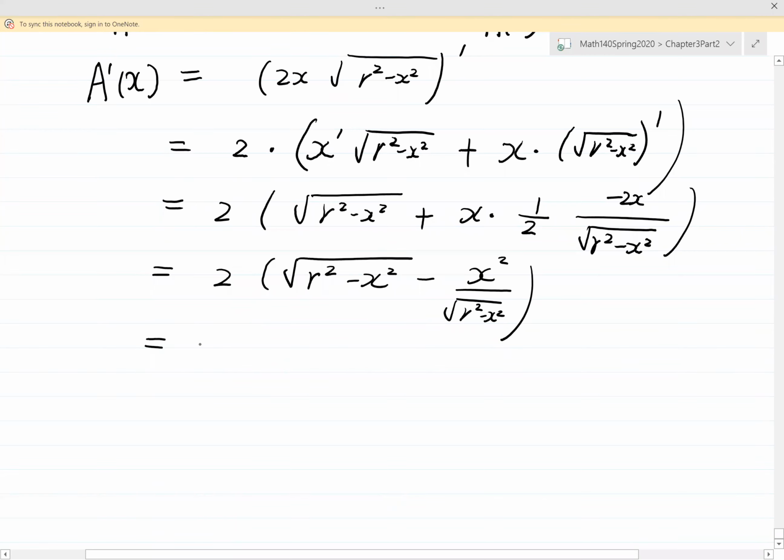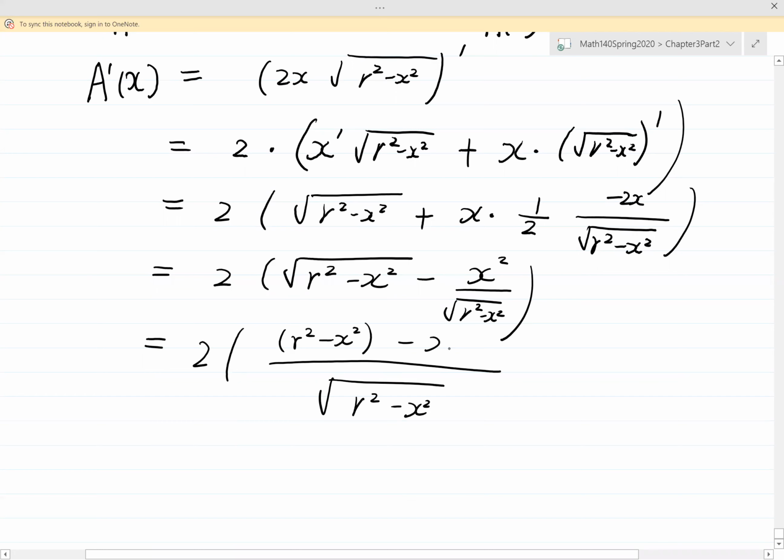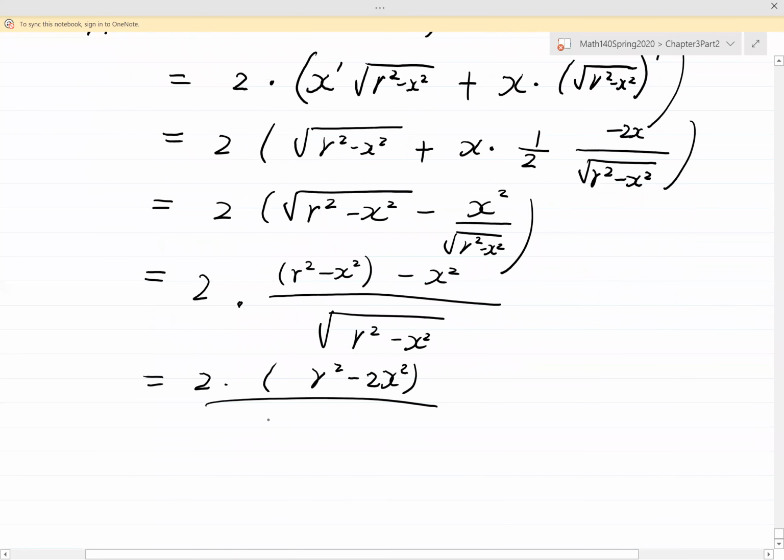If you use a common denominator, this is the square root of r squared minus x squared, and the square root times the square root gives r squared minus x squared, then minus x squared. So we get 2 times r squared minus x squared minus x squared, that is minus 2x squared, over the square root of r squared minus x squared.